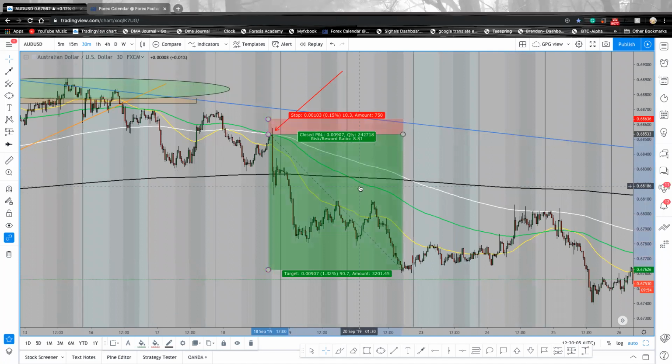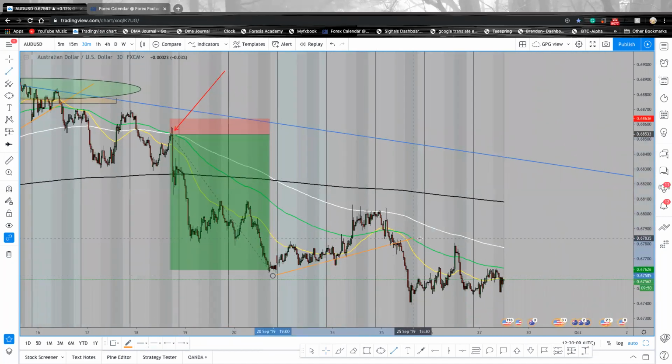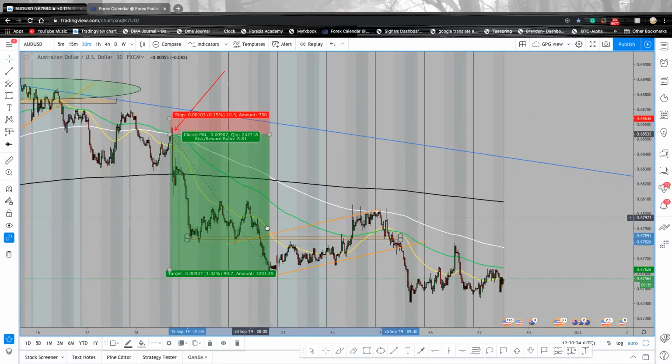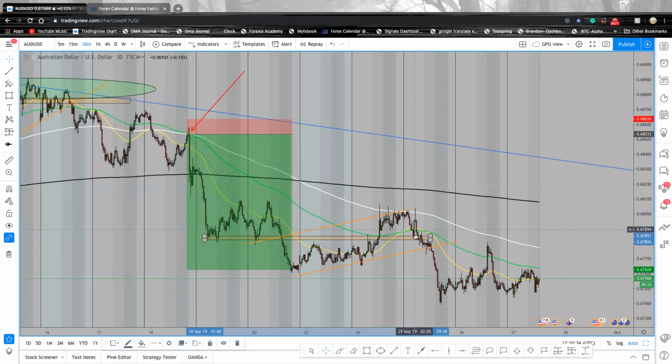Right here. And then price again does another induction. That's another induction right here. Where is the trap? The trap is here. Support became resistance. Higher high is forming. Retail starts buying this trend, and it goes against them.